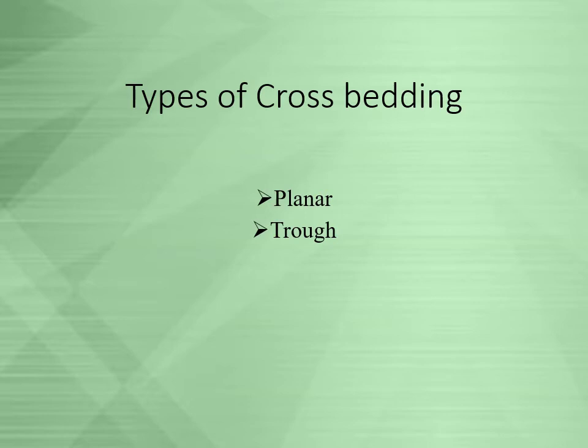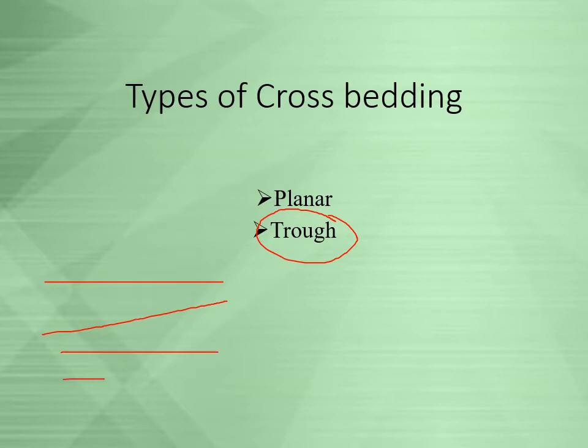And the second one is the trough cross-stratification, where either both the bounding surfaces or one bounding surface is not planar, instead it is curved, then we call them as trough cross-stratification. So in the first case the bounding surfaces are planar, they may be parallel, they may be not parallel to each other, but both the bounding surfaces are planar. In the second case, the bounding surfaces are curved.